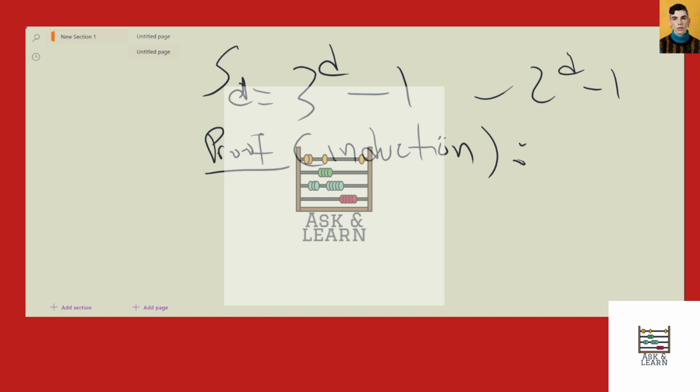So first, we're going to let our hypothesis P of D equal the number of moves it takes to solve for D disks. Well, P of D in this case is equal to 3 to the D minus 1.